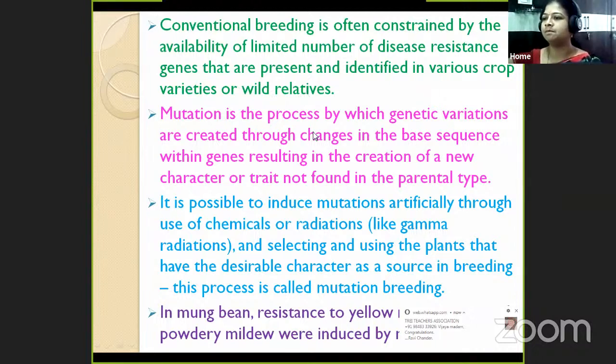When we observe the desirable genes, most of them are present in wild varieties. They are not present in the cultivated varieties. So desirable disease-resistant genes are limited in number and are present in wild varieties.